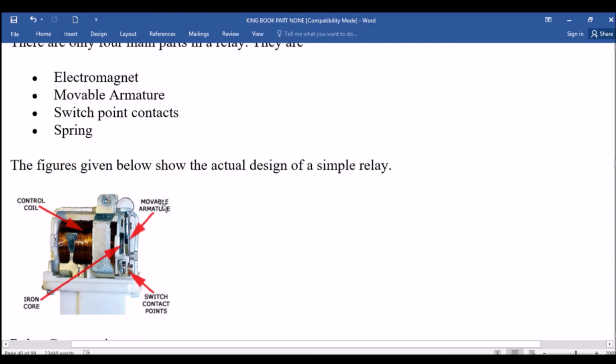This is the part of the movable armature which will be attracted when the magnetic field is applied on this iron core. Then the switch contact. This is the part where the whole mechanism starts to be applied.